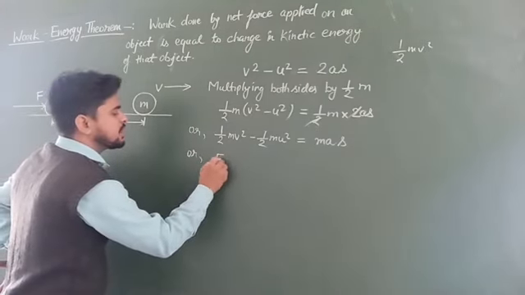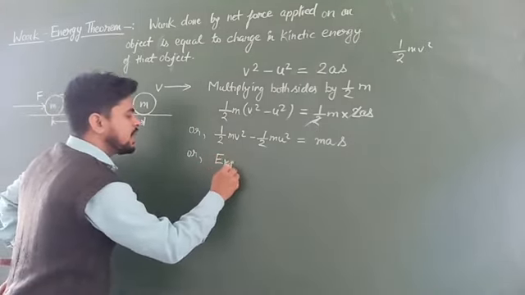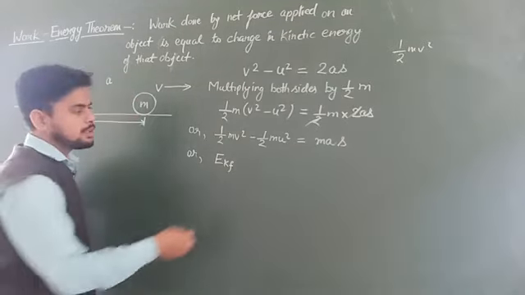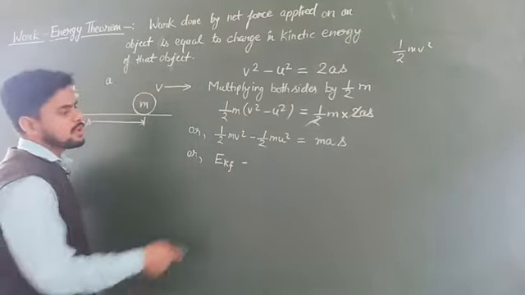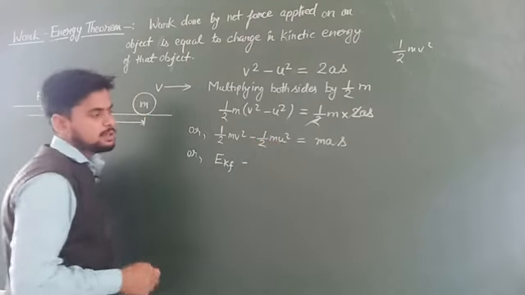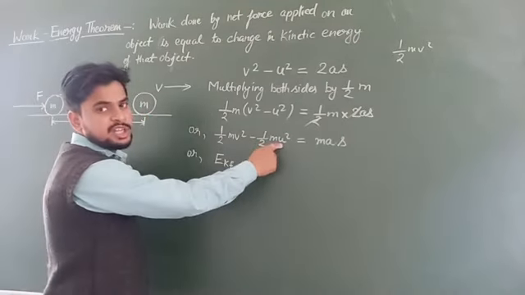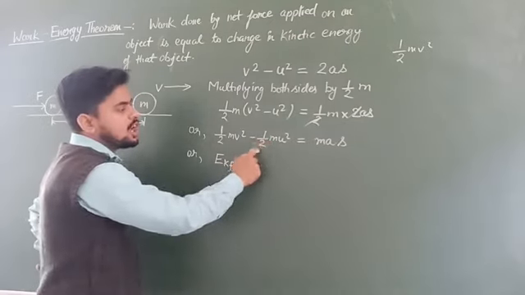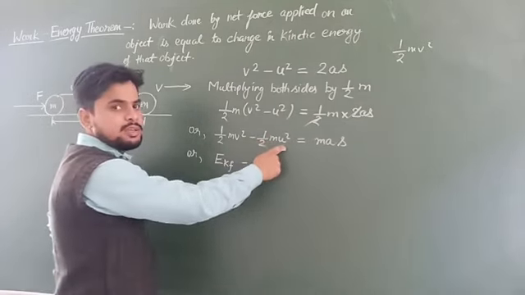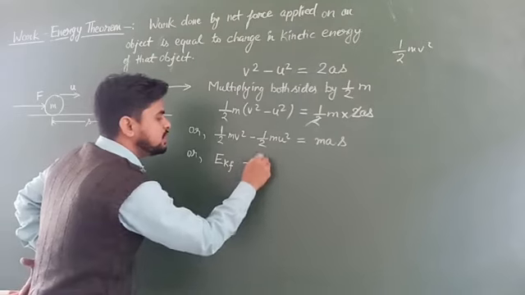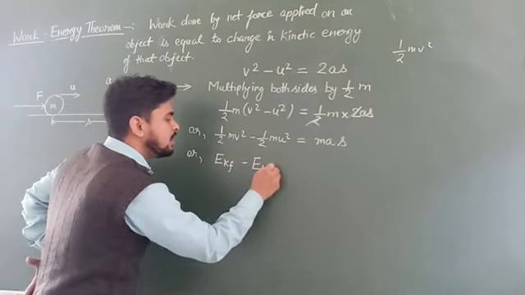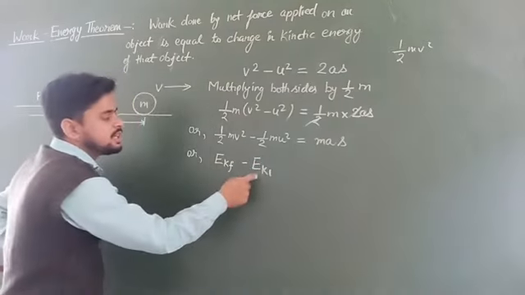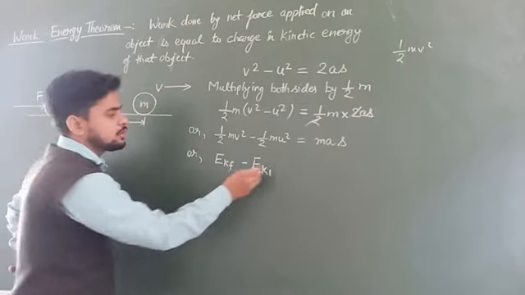It can be written as E_K,F minus half m u square. You know u is the initial velocity of the object and m is the mass of the object. So half m u square can be written as E_K,I, meaning the initial kinetic energy of the object.